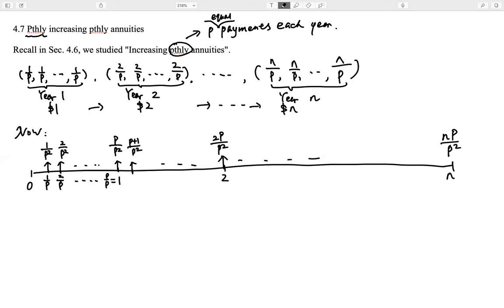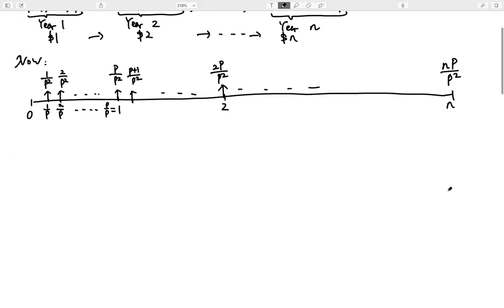Again, the setup is a little awkward, but nevertheless, we can study the present value of a sequence like this. Fundamentals, right? In order to find the present value, all you need to do is a proper discounting.